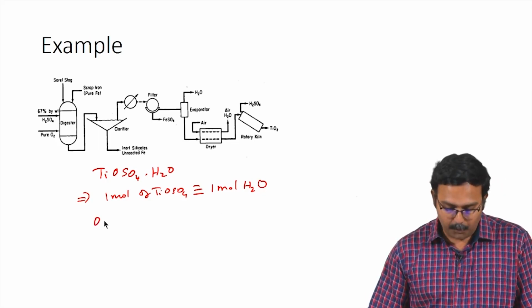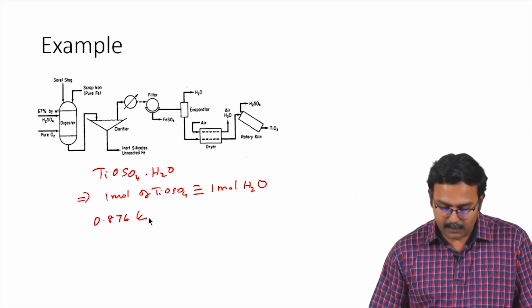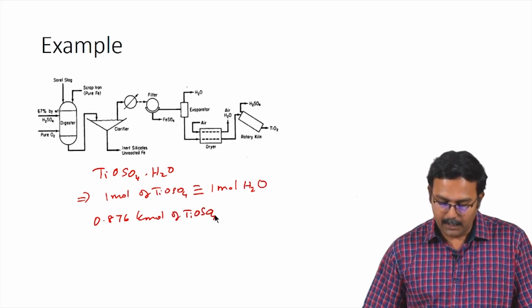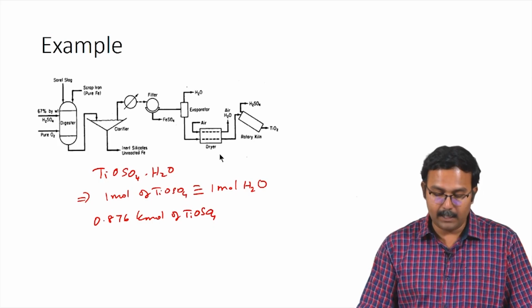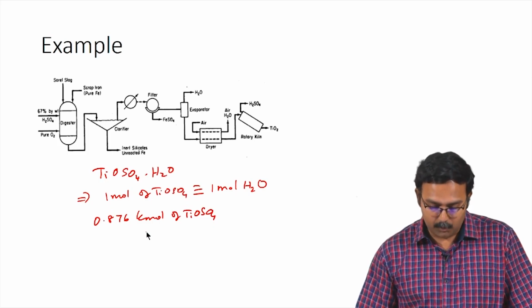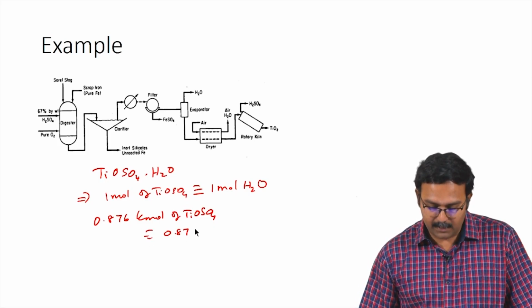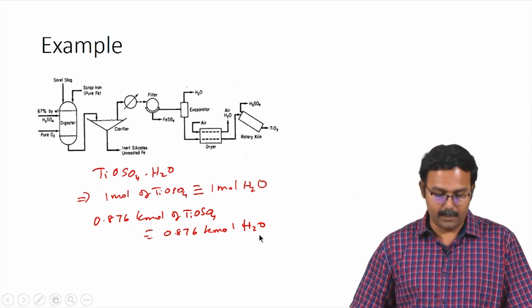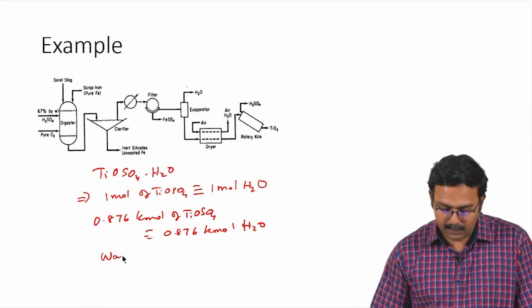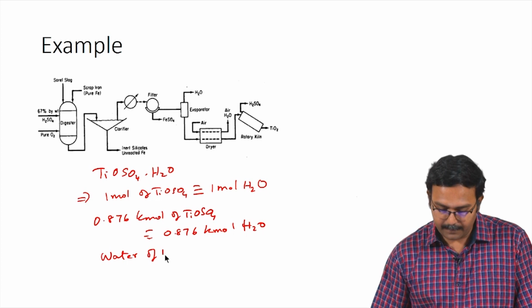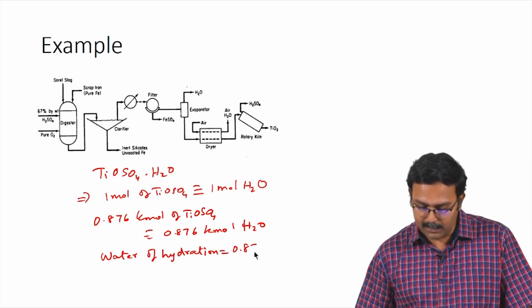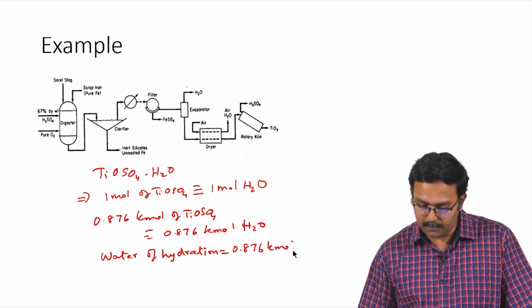We know that 0.876 kilomoles of TiOSO4 has been formed and it is entering into the dryer. So, this would use 0.876 kilomoles of water in the form of water of hydration. So, water leaving as water of hydration would be equal to 0.876 kilomoles.